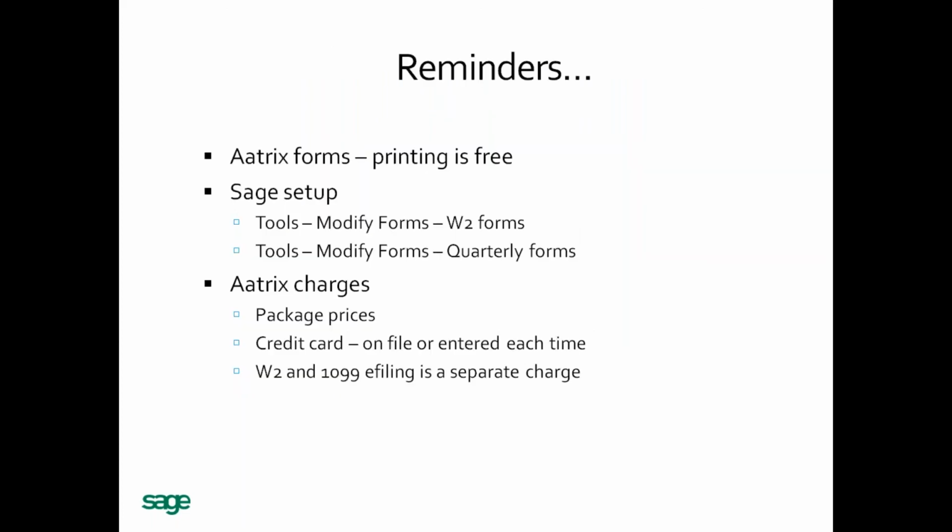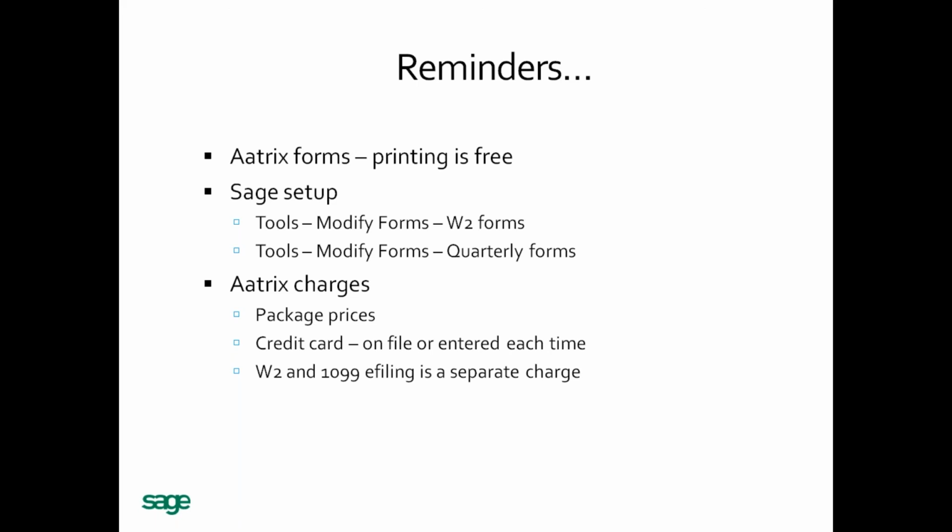Okay, so just the reminders here before we go for today. Printing is free. You need to set up your forms, your W-2 forms, and you can also do some setup on the quarterly forms within Sage. But Atrix is going to charge you for your W-2s and your 1099 e-filing.